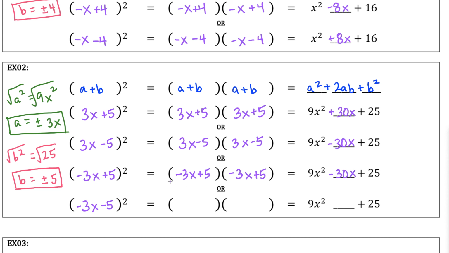And then the last one, negative 3x minus 5 times negative 3x minus 5. And I get the same on the outside, yeah. And then negative 3x times negative 5 is a positive 15. I have 2 of them, so positive 30x. All right, cool. Let's go to the next.